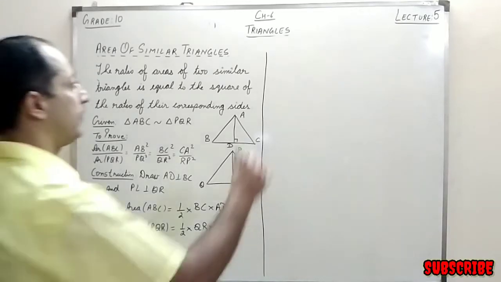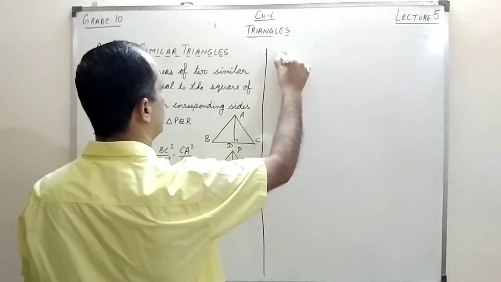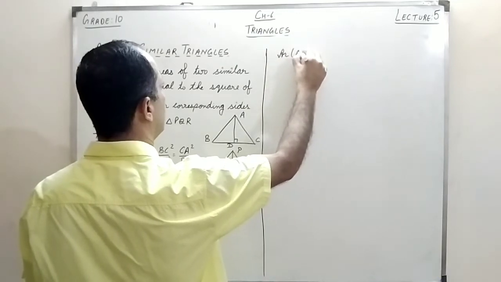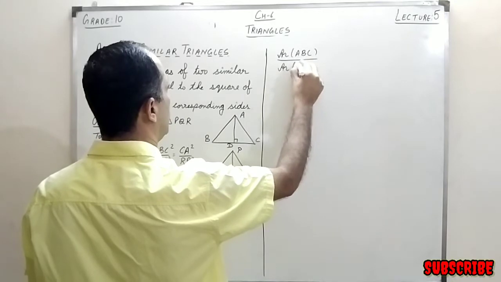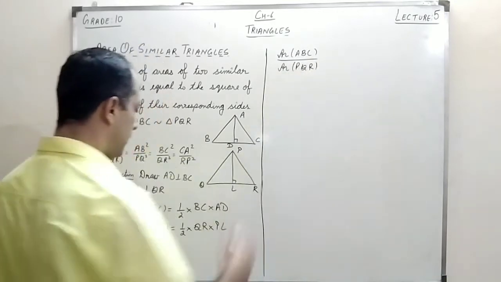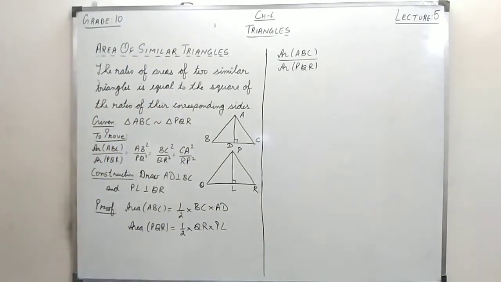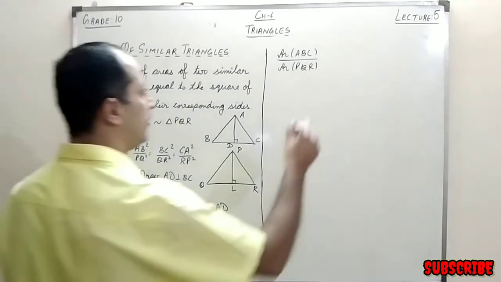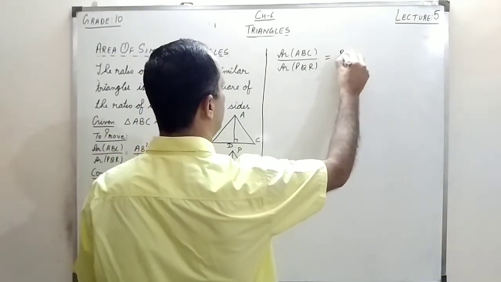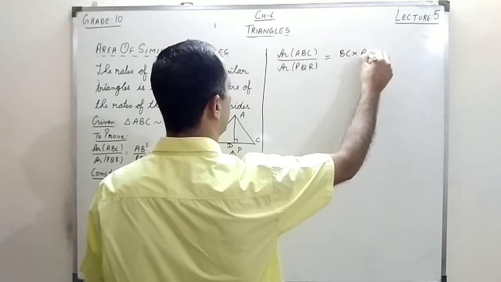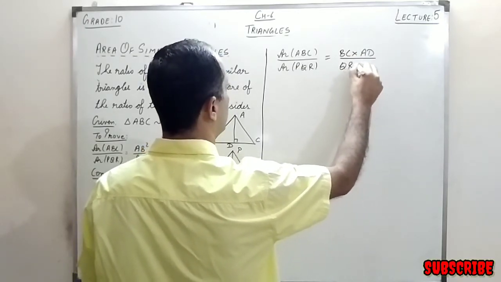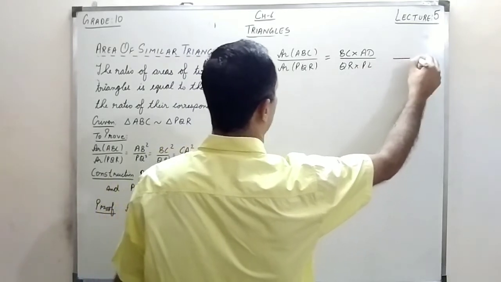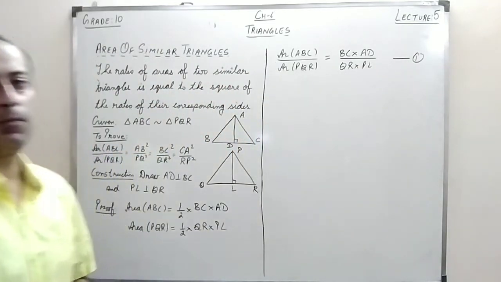Now, after I take the ratio, this is area of ABC upon area of PQR, you can see the half in both gets cancelled, and what I am left with is BC into AD upon QR into PL. I put it as number 1.